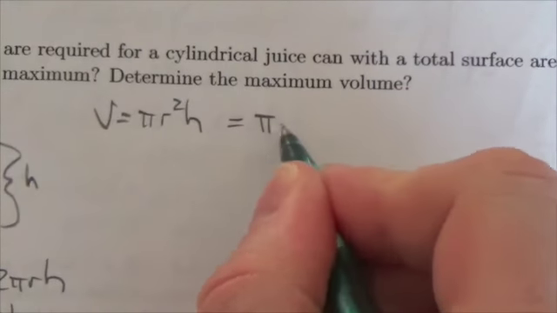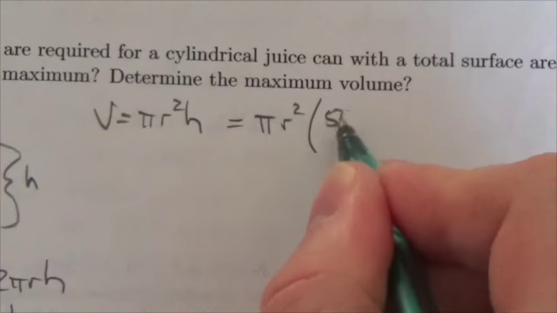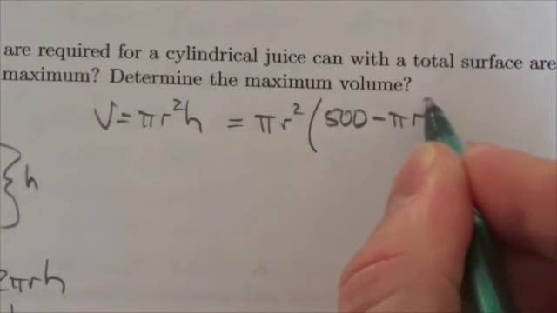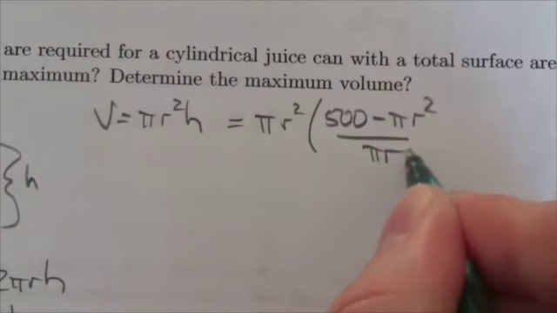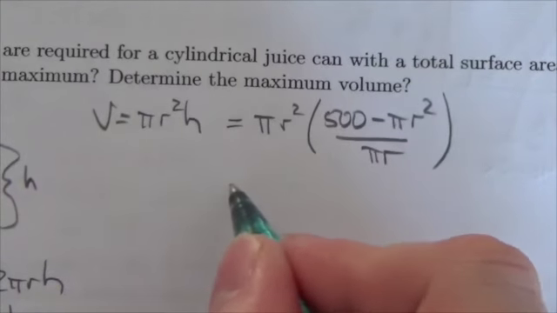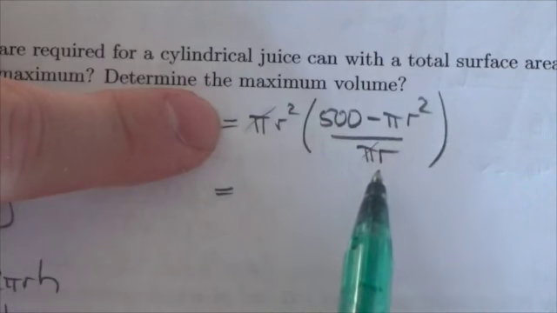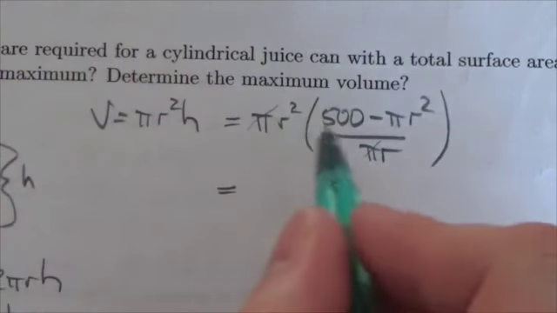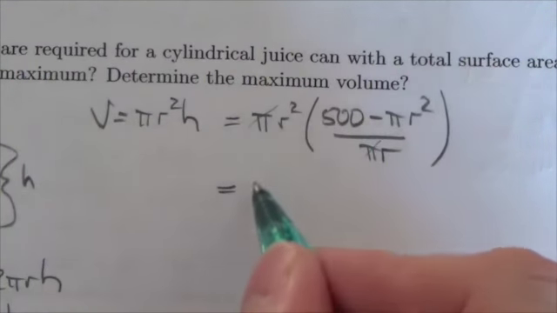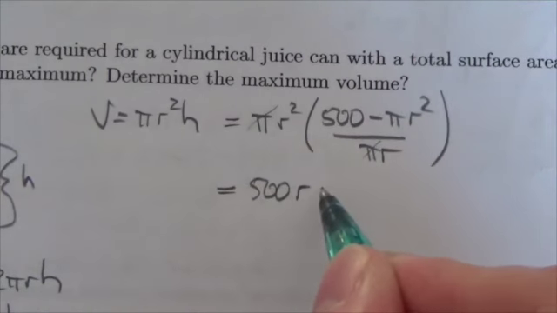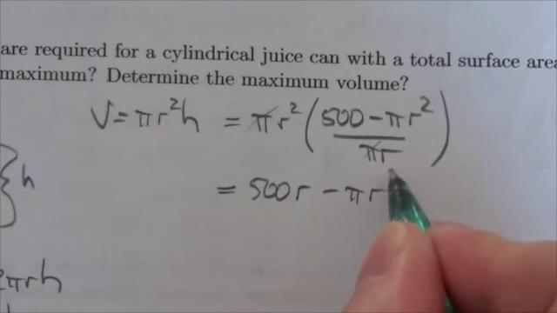So this will be pi r squared times (500 minus pi r squared) all over pi r. That actually works out really nicely because the pi's will cancel and one of the r's will cancel, and so now I'm just left with distributing the r. So this will be 500r minus pi r cubed.